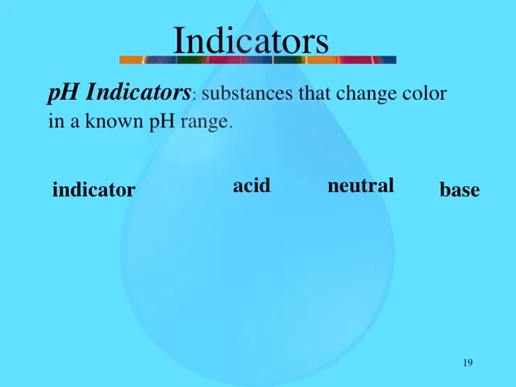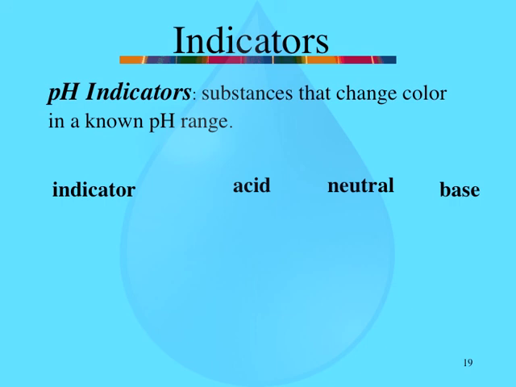All right. Now, there are these other things called indicators, and if you have a fish tank or a pool or a hot tub, or I don't know what else you would have, one of the things that you have to test and keep within a certain range is the pH. So you might have a liquid that you use that turns a certain color, or these little test strips that have little squares on them that change color.